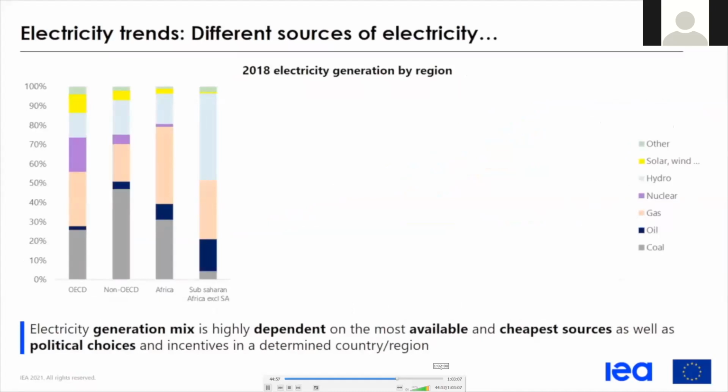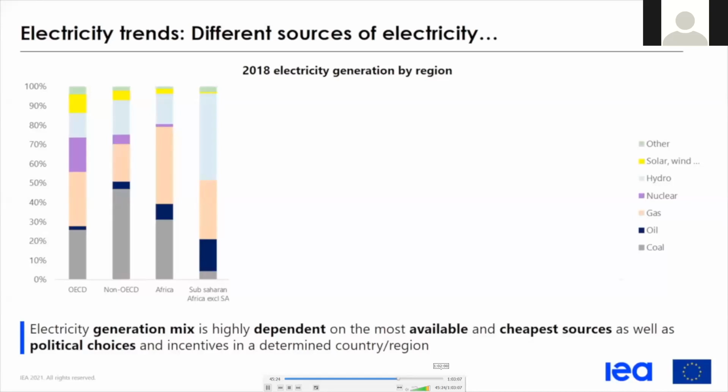So we can see that electricity can be generated from various sources, such as solar, hydro, nuclear, or fossil fuels: gas, oil, and coal. If we look at the share of each of those sources for electricity generation, we can see that depending on the region you are looking at, the origin of electricity will be really different.